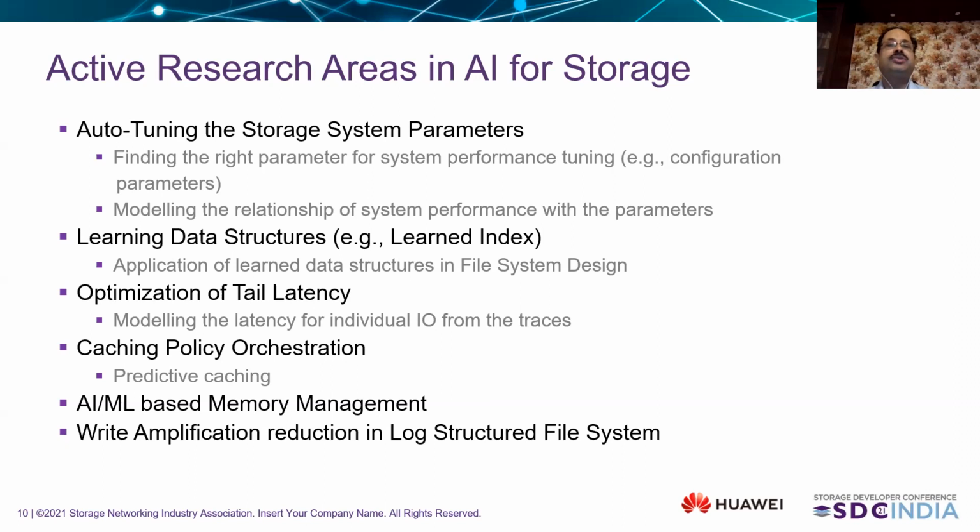Auto tuning the storage system parameters is a very important area, and academic research is very actively working on this. Also, companies like Google, Oracle, HP are working on how to auto tune the system parameters depending on the workload. What is the objective, whether we have to improve the performance, or minimize the RPO, or what kind of objective is there.